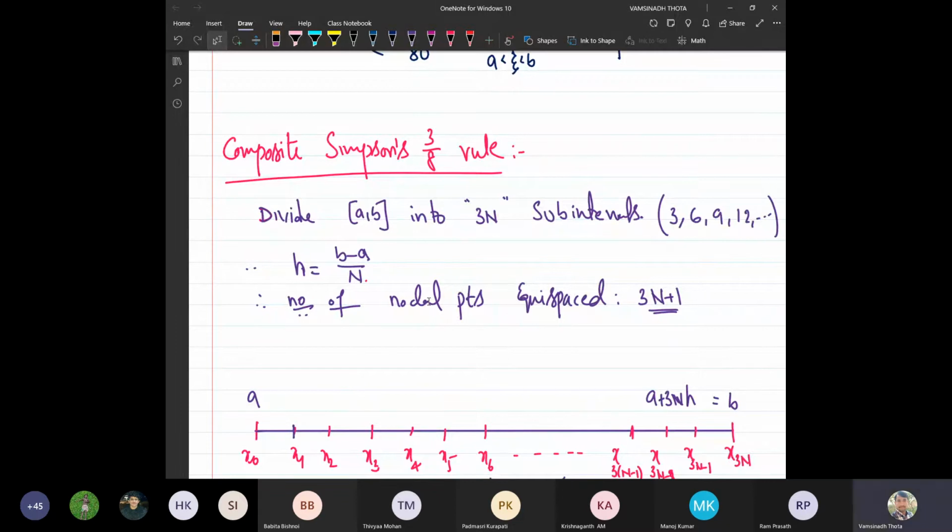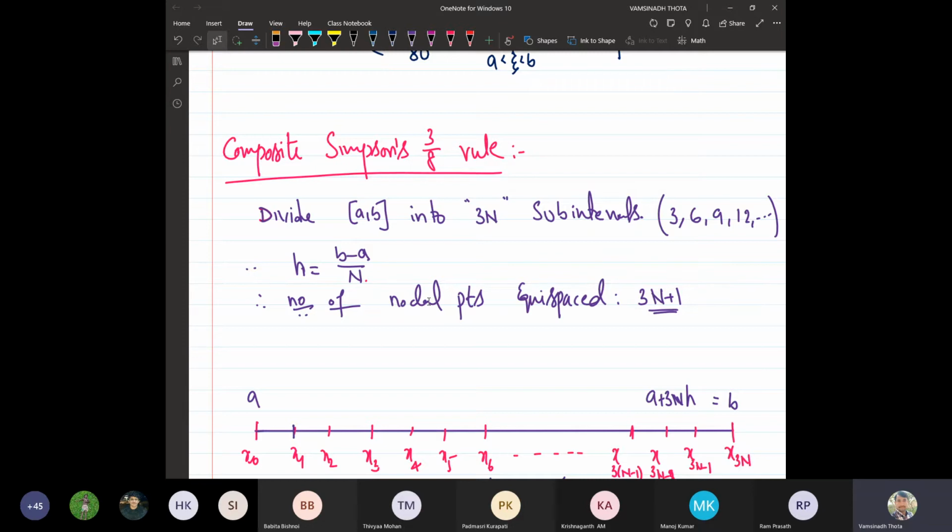In the composite Simpson's 1/3 rule, we divided the interval into 2n, an even number of subintervals. In the Simpson's 3/8 rule, we have to divide the interval into 3n subintervals.